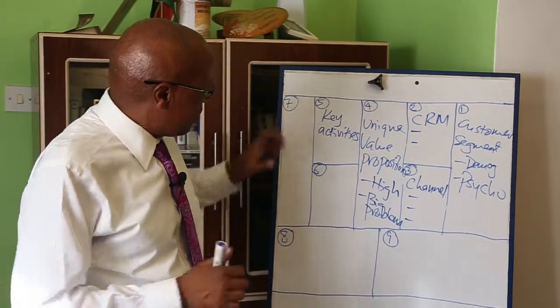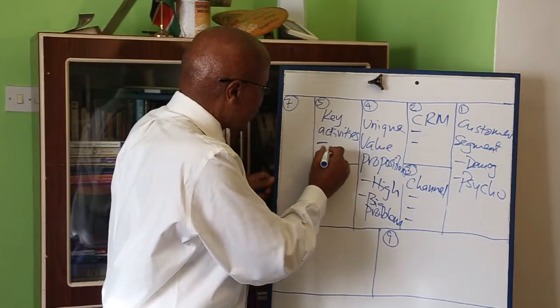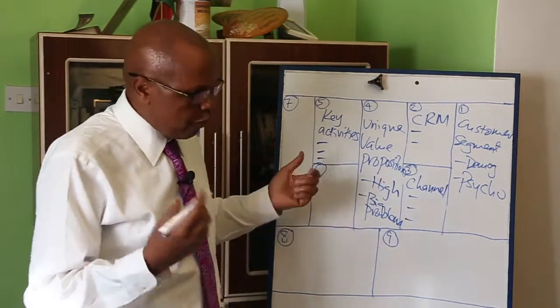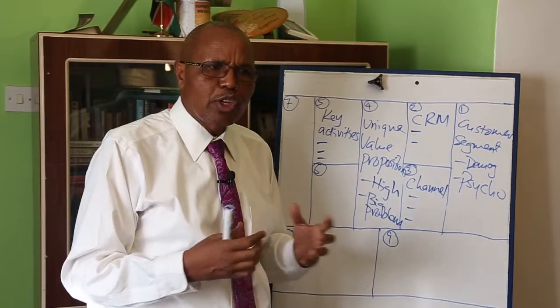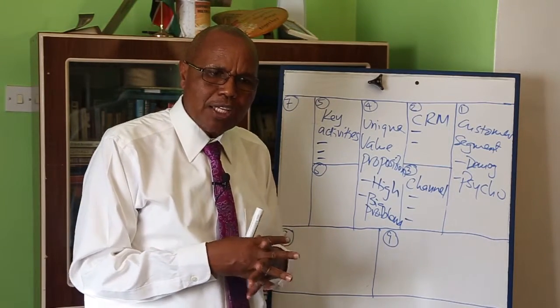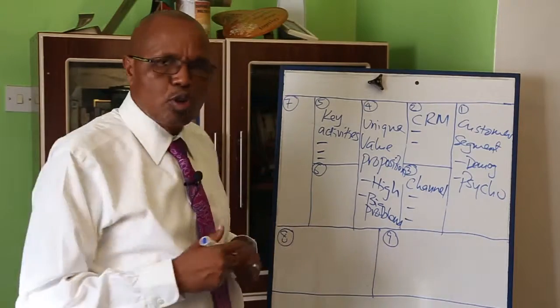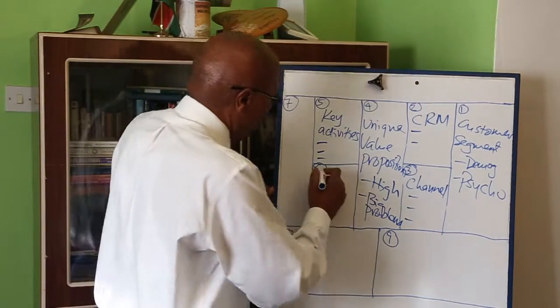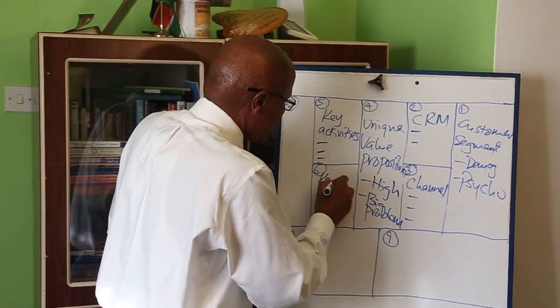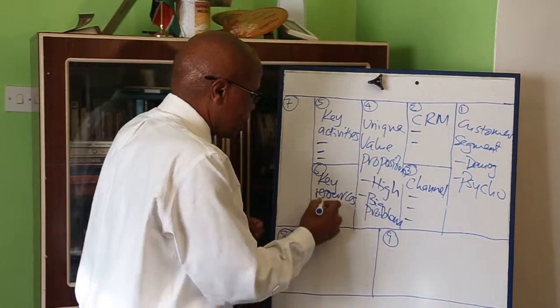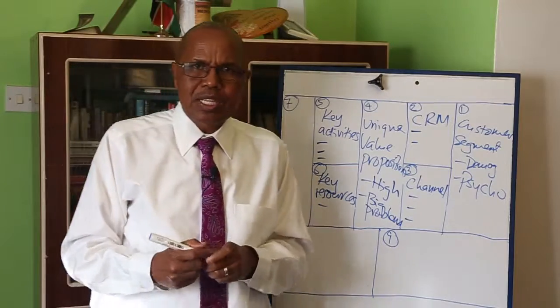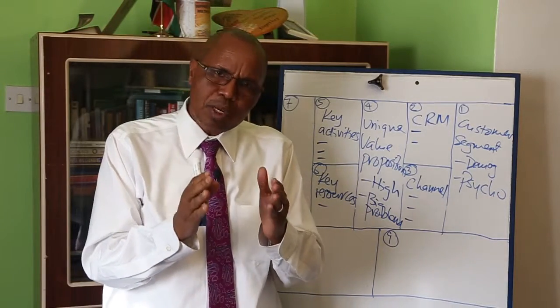All right. So if your activities are correct and you feel that you're doing the right thing, you're not wasting your time and spending your energy on activities that don't add value, then the other area you need to look at is what we call key resources. Again, every business requires certain very, very important resources.